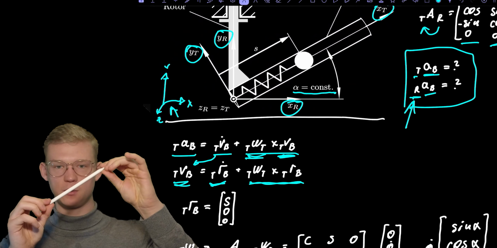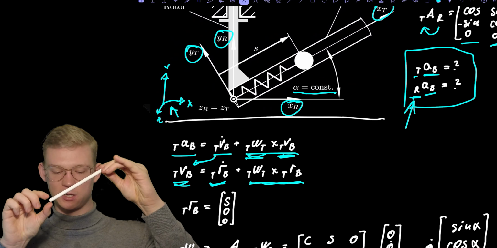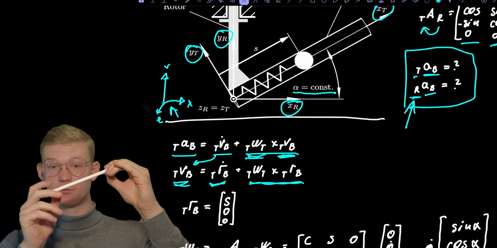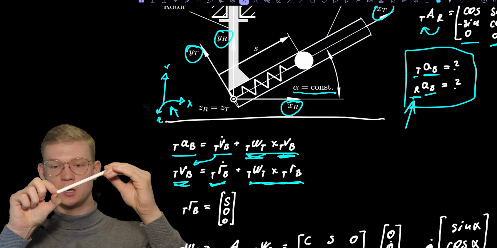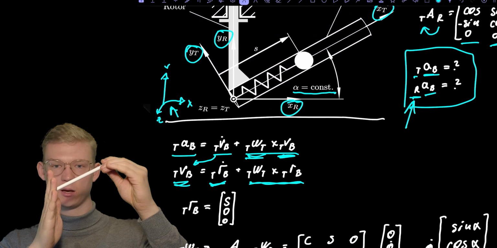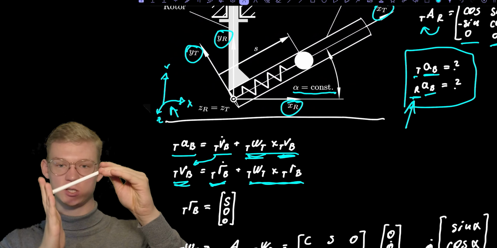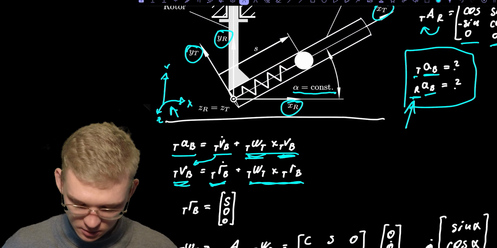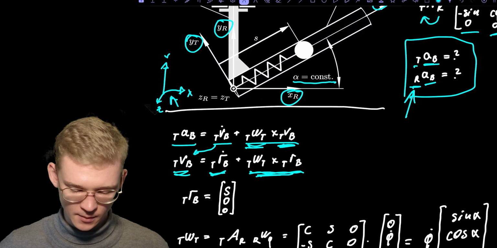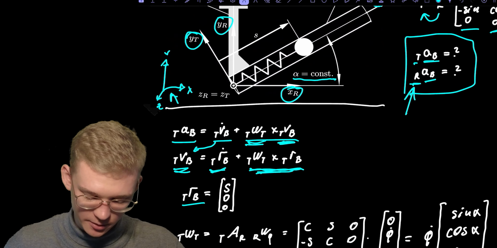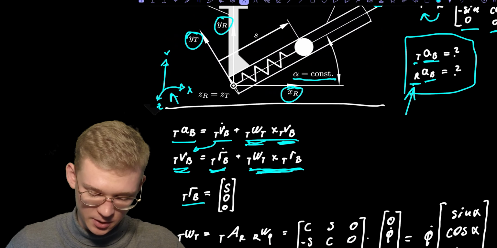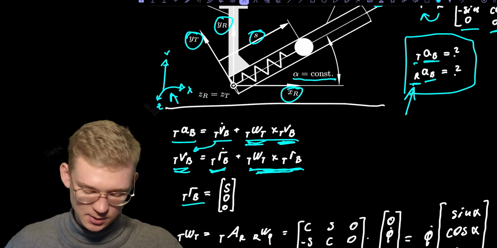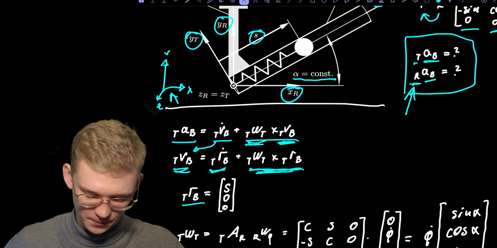So if we have a point, the point can move in this direction because we don't have a rigid link. But then it also has this rotation component that we have to remember. And we know, of course, the position of our point B in t because that is given with x. So it's just s, 0, 0.